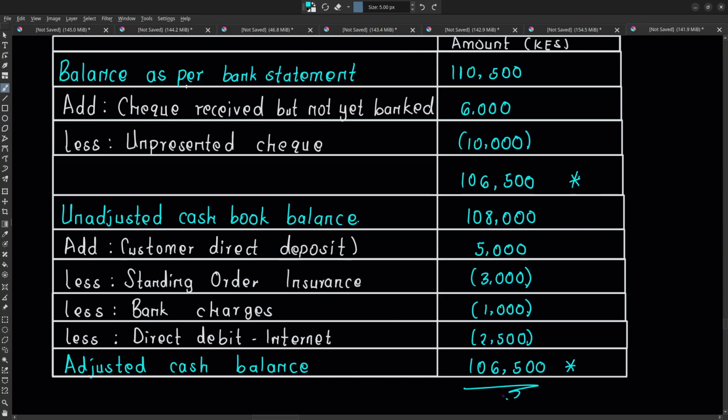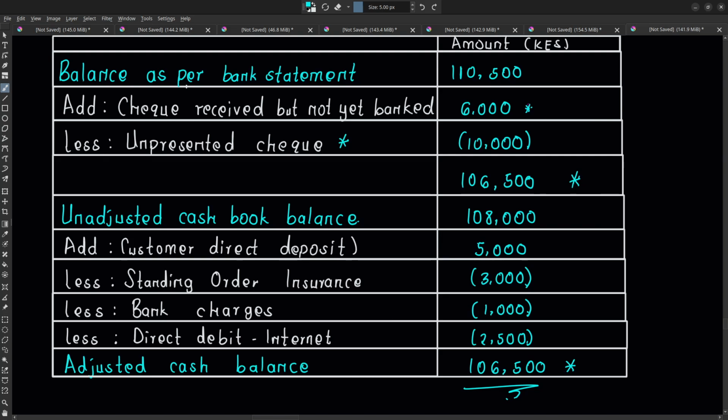Once this person presents the check, the bank is going to deduct this 10,000. And once they clear this 6,000 also, in the next bank reconciliation, you will be able to clear them. So when we check the bank statement for May, we are going to find these items are one of the things that are causing the opening balance to be different.